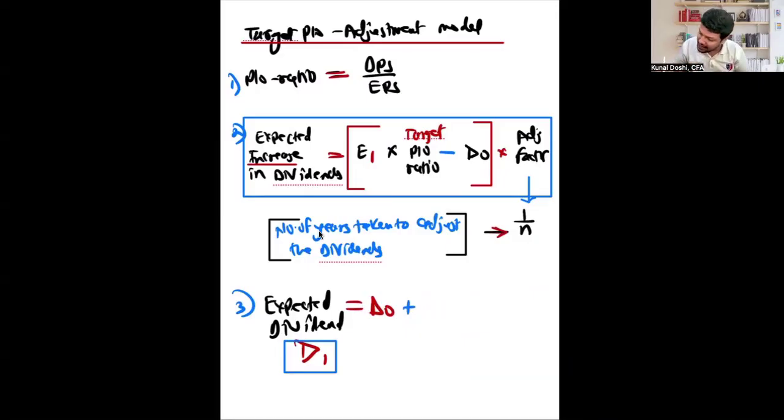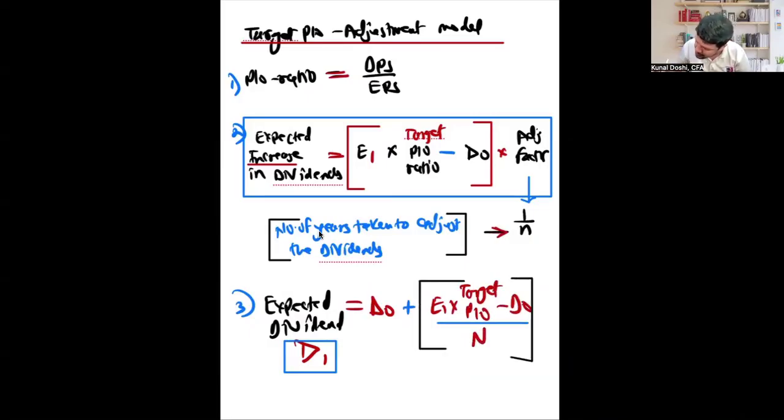I can directly write here my E1 into target payout ratio minus D0, this whole stuff divided by N. By doing so, you will get the same result.